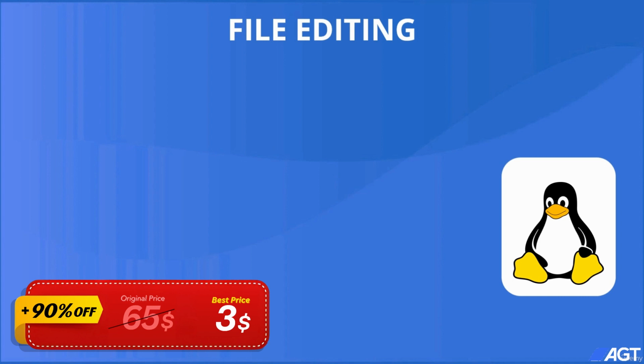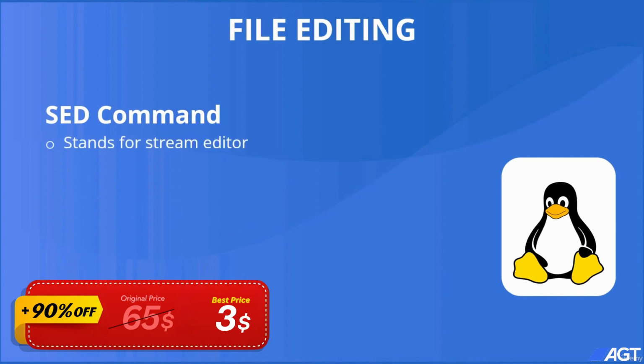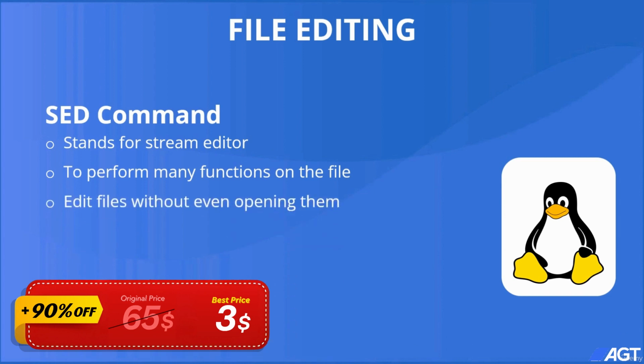So one of them is the sed command. The sed command in Unix stands for Stream Editor and can perform many functions on a file, such as searching, finding and replacing, adding, deleting. Although the most common use of the sed command in Unix is for substitution or find and replace. Using sed, you can edit files without even opening them.